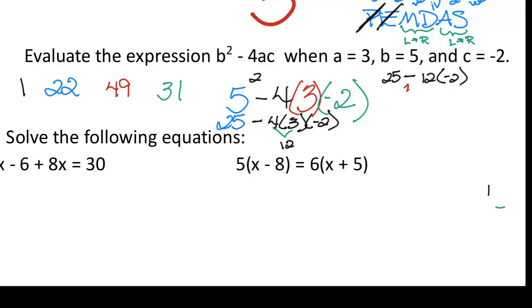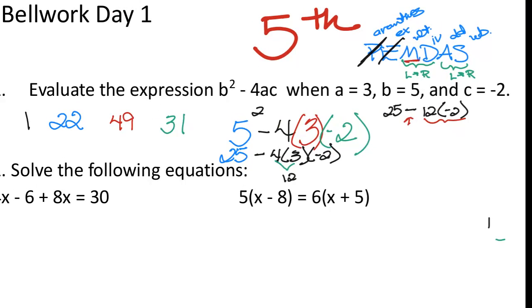Now, am I going to do subtraction or what's this operation here? Multiplication. And multiplication still comes before subtraction, right? So what is 12 times negative 2? Negative 24. I'm going to put that in parentheses.